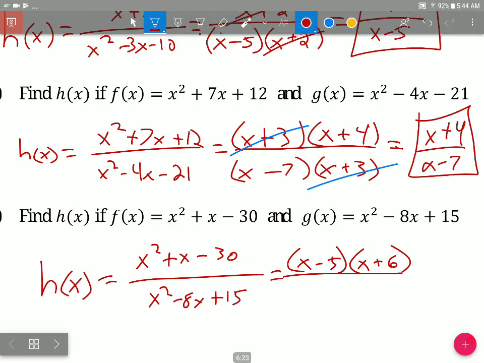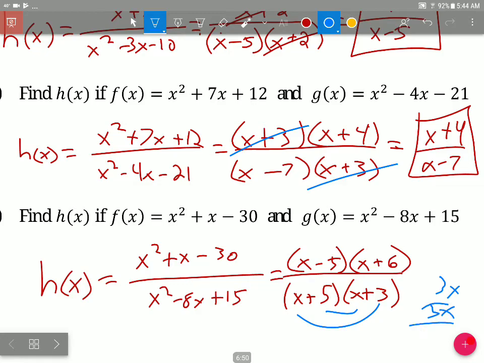All right, for the bottom, two things that multiply to the left are x and x. Two things that multiply to 15, probably 5 and 3. So that's 3x, that's 5x, that's 8x, but it's positive instead of negative.